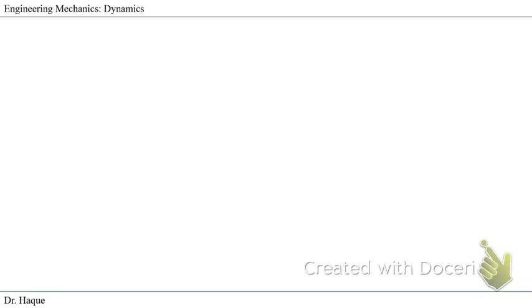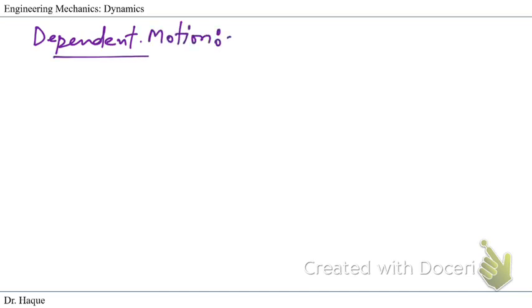So first, assume dependent motion. Let us assume there is a slope. There are two blocks.